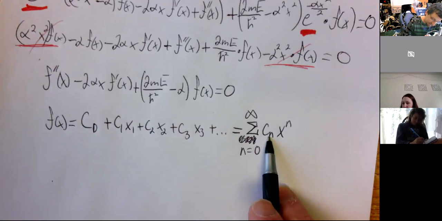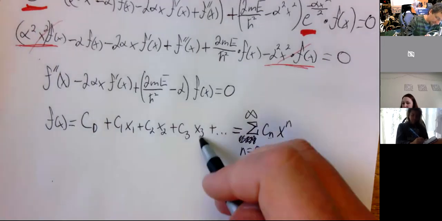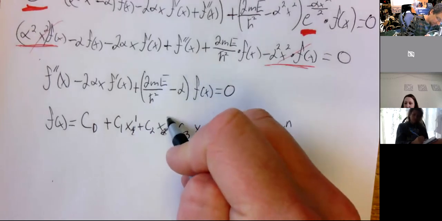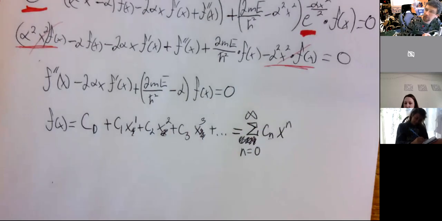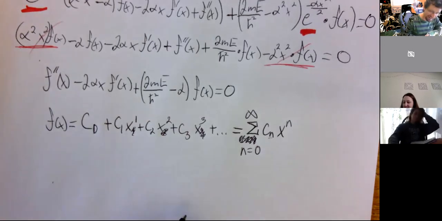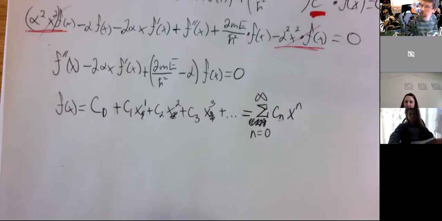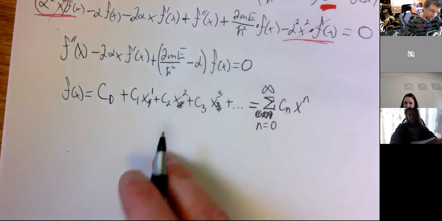Exponents. Yeah, they should be superscripts, my bad. All right. There we go. That looks better. So what about if we took, let's say, the first derivative of this?